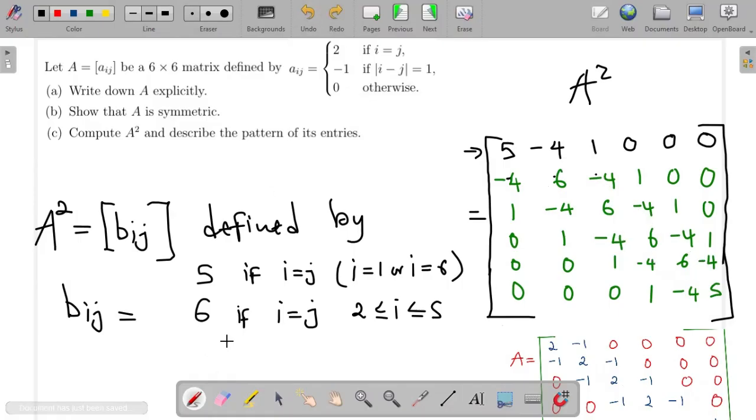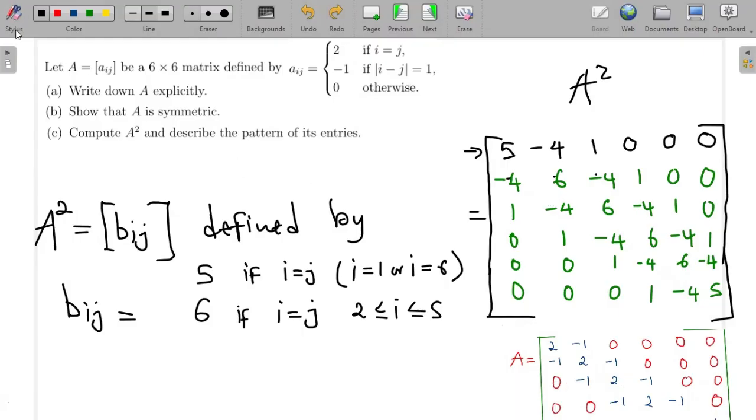The other one is the ones where we have the -4s. So the -4s, we describe them as first off the main diagonal. So meaning if I subtract the i and the j, or the j and the i, I'm going to get a 1 because they're just first off from the main diagonal here, the -4s, these ones. So I'm going to say I get a -4 if the modulus of i minus j is equal to 1.